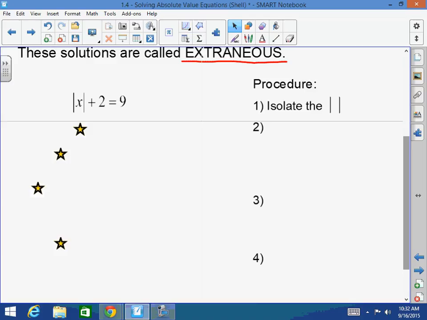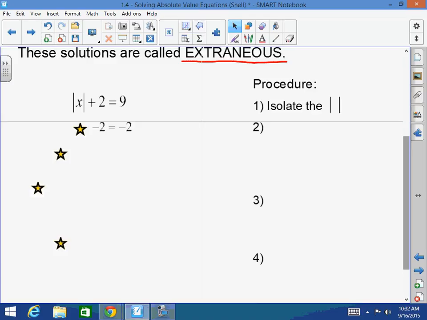Step one, it says isolate the absolute value. Whenever you have an absolute value equation, I don't care how complex or how simplistic, you want to get the absolute value alone. So in this case, I have a 2 that's being added to the absolute value, so I'm going to subtract 2 to both sides. Okay?